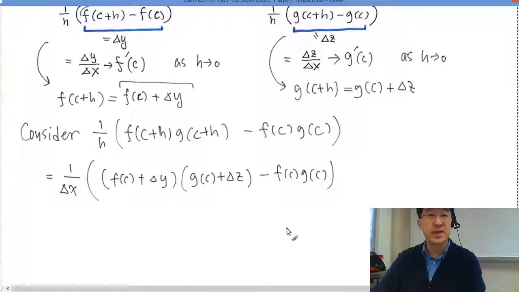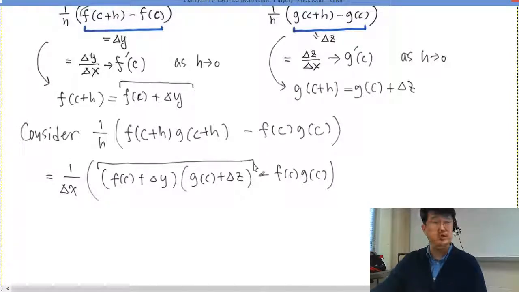This is not an official exercise, but the next step is the important moment. You feel the product rule right there. What is happening to the product rule is explained in this process. I want you to go ahead and expand this one on your own, write it down, and cancel anything that cancels out, right?